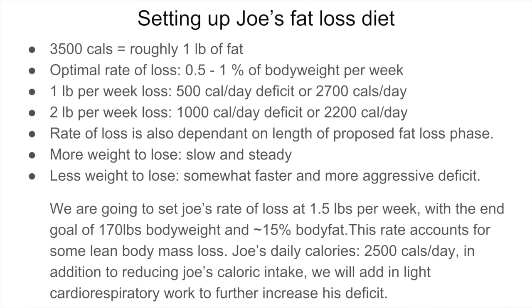This rate accounts for some lean body mass loss. Joe's daily caloric intake will be 2,500 calories per day, and in addition to reducing Joe's caloric intake, we will add in a little bit of light cardiorespiratory work to further increase his deficit to meet that end goal.